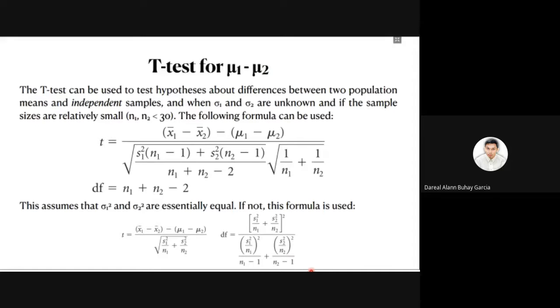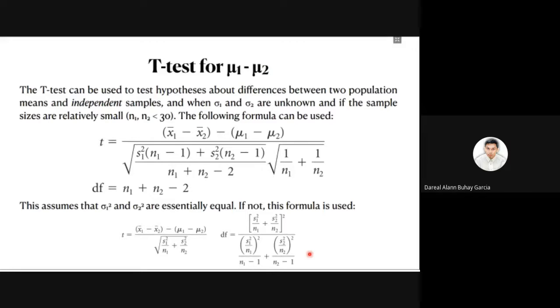Excel refers to this as a t-test two-sample assuming equal variances. This is the unpooled formula used when population variances cannot be assumed to be equal. The second one. Excel refers to this as a t-test two-sample assuming unequal variances.